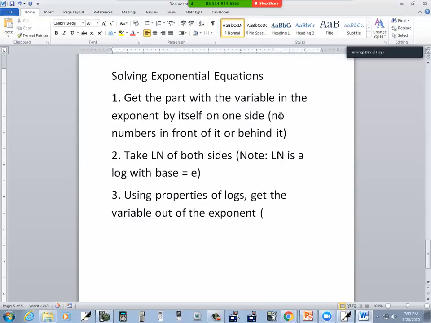And when I say properties of logs here, simply put the exponent in front of ln. And then step 4 is solve for x. And we'll see what I mean by that. It's usually a little wordier than I normally write down for solving exponential equations.